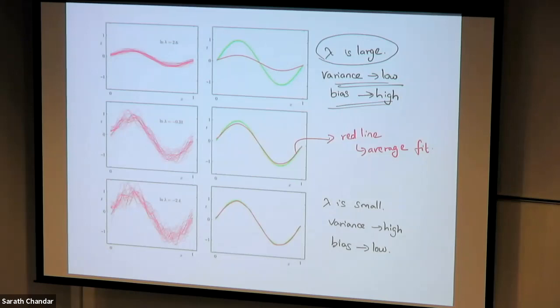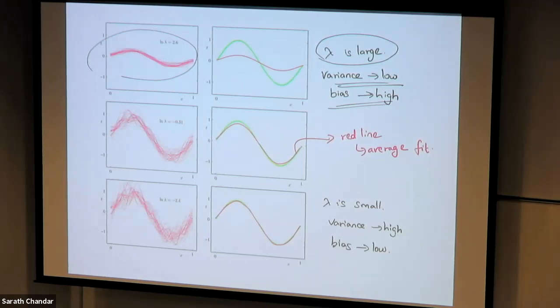On the left side, you see the functions I have learned for all 100 data sets. If you take an average of these 100 curves, you get the right side, and it is not very close to the green sine function. Even though there was not a lot of variance here, the bias was so high that I get a solution which is not close to the true function.